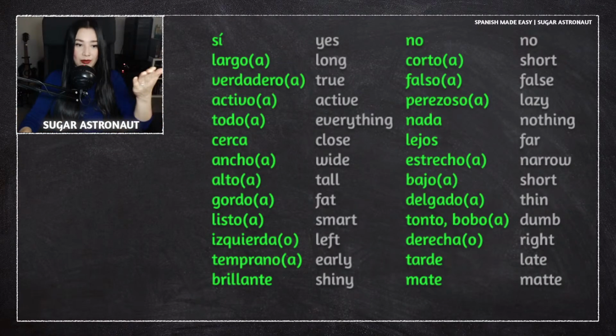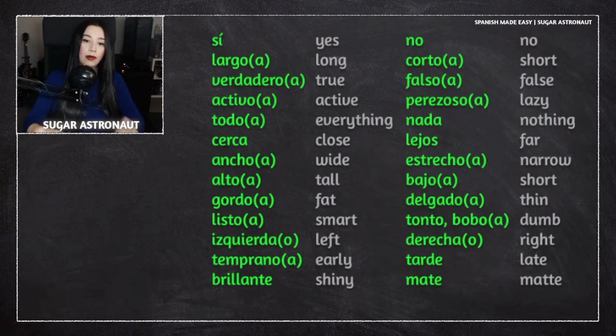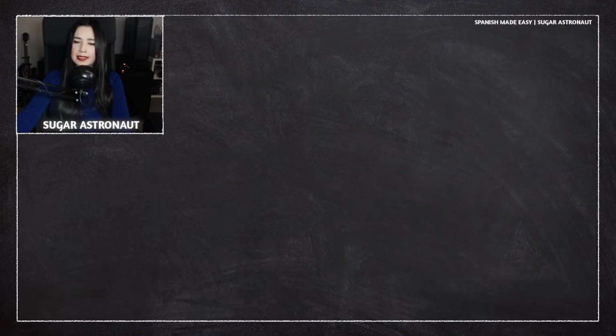Cerca, lejos. Ancho, estrecho. Alto, bajo. Gordo, delgado. Listo, tonto or bobo. Izquierda, derecha. Temprano, tarde. Brillante, mate. Mate is also a famous tea in Argentina, by the way. So many meanings.